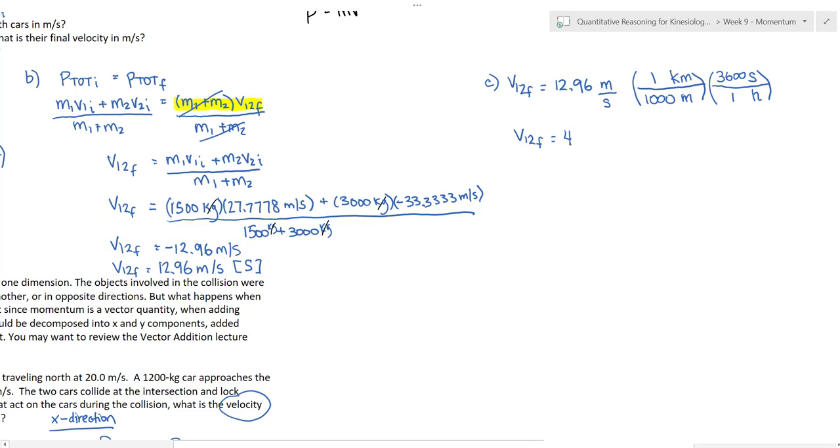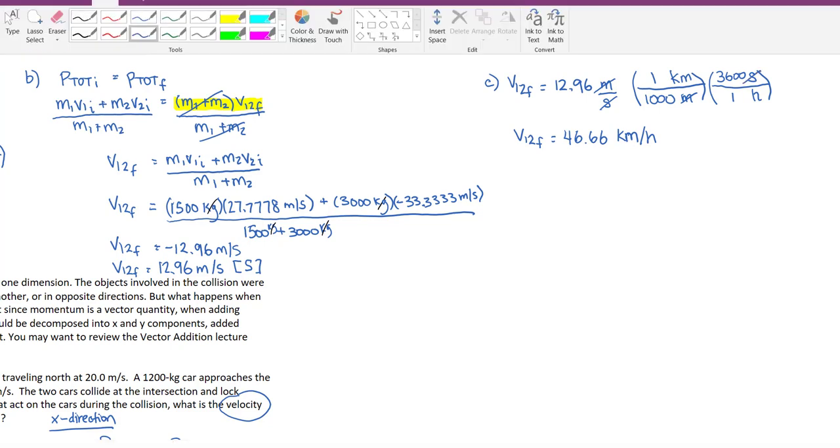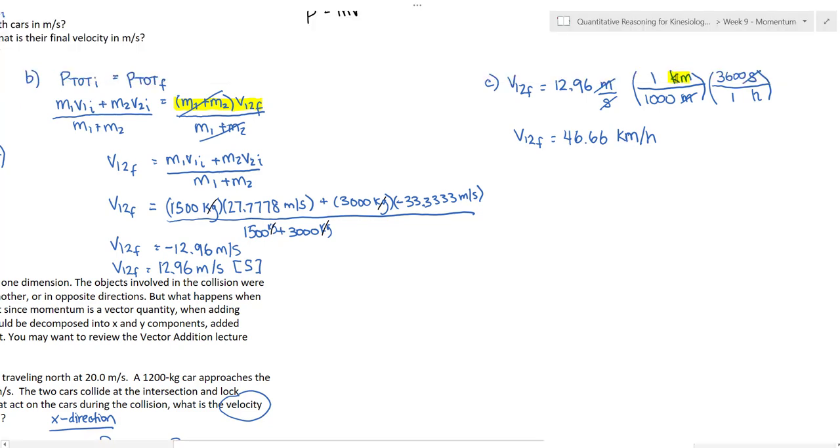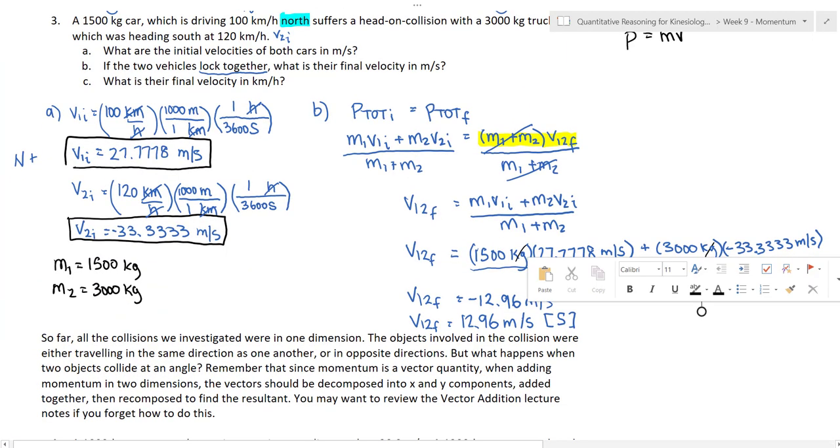And we get 46.66 kilometers per hour. Notice that meters cancels and seconds cancels. And we're just left here with kilometers on top and hours on the bottom. Kilometers per hour. So that was question 3.